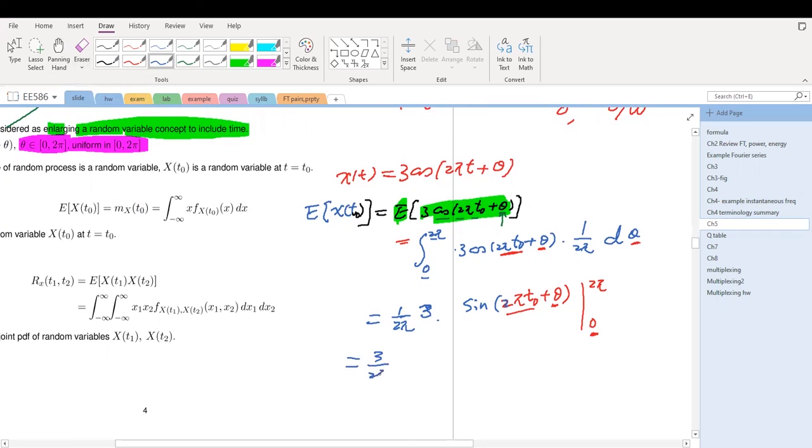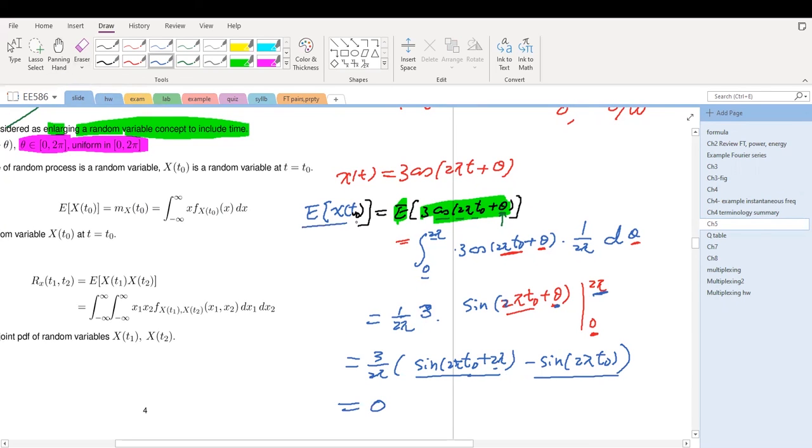This equals 3 divided by 2 pi, sine of 2 pi t naught plus 2 pi, minus sine of 2 pi t naught, at theta equals 0. And you take the difference of these two terms, that equals 0.